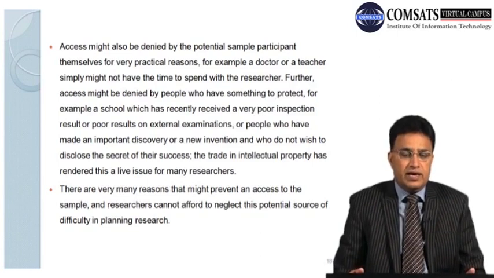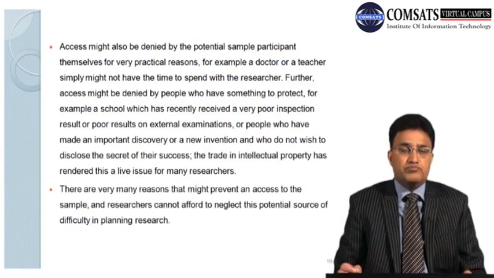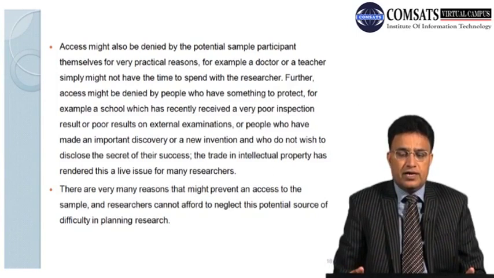Further, access might be denied by people who have something to protest, something to protect. For example, a school which has recently received a very poor inspection result, or poor results on external examinations, or people who have made an important discovery or a new invention and who do not wish to disclose the secret of their success.